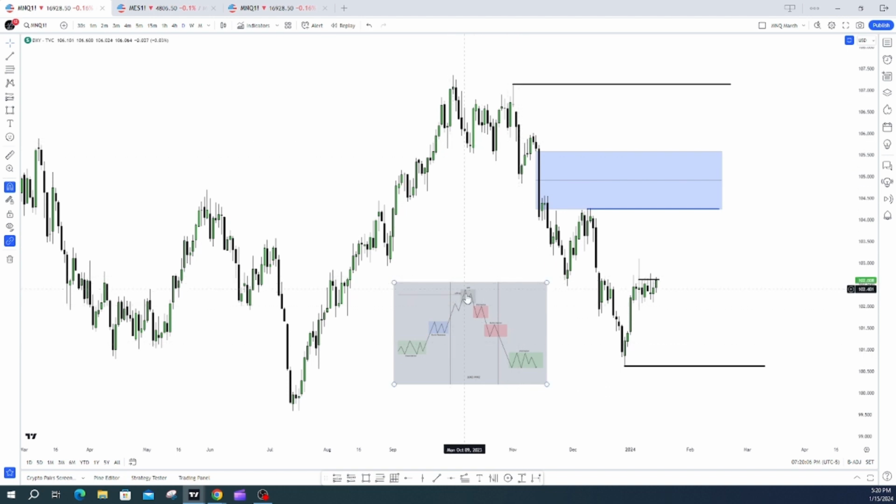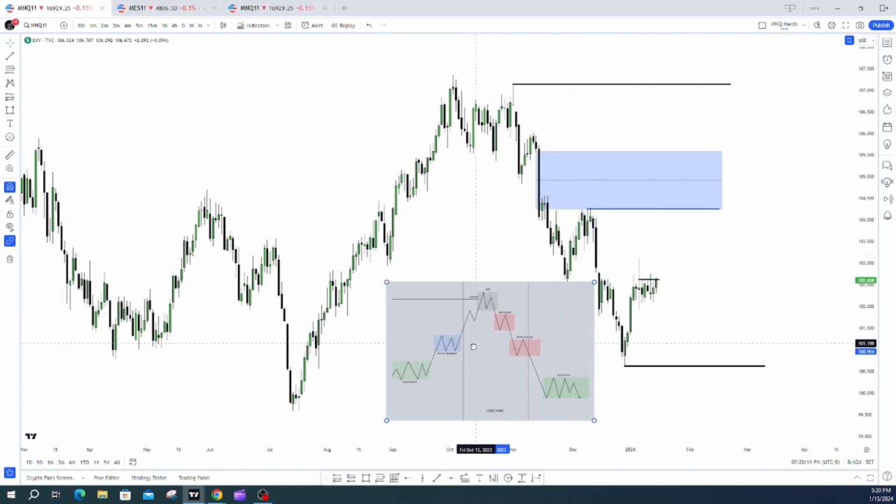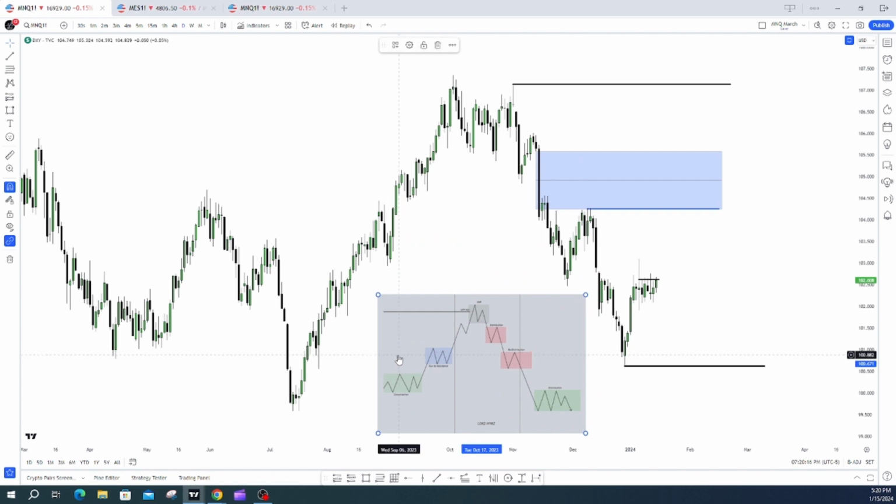But if you frame the logic of a market maker sell model, you can see this very clearly. But essentially what you have is a small consolidation right here, a price run, a consolidation, a price run, consolidation. This is ultimately one price leg right here until you get this move right here.